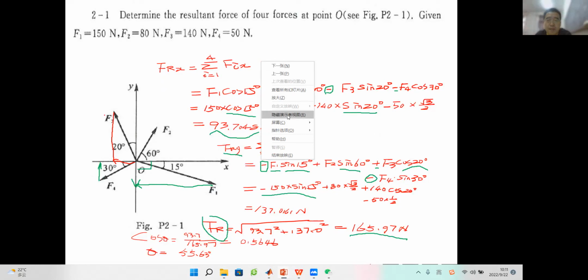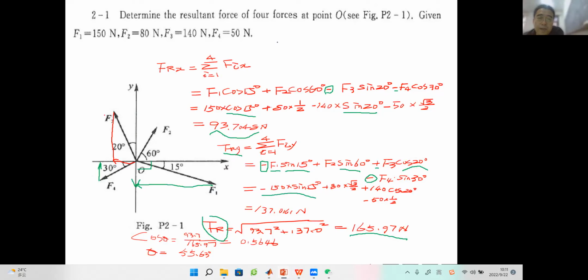Maybe I will change the pen into another color. We know our final result will be like this: FR equals FRx, the x direction, plus FRy, the y direction.